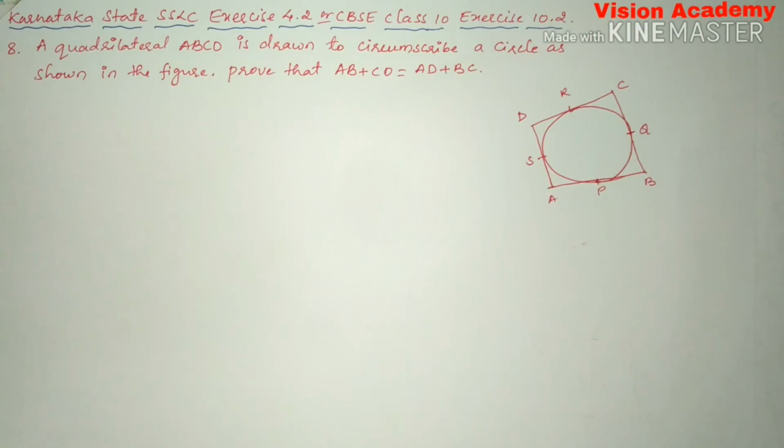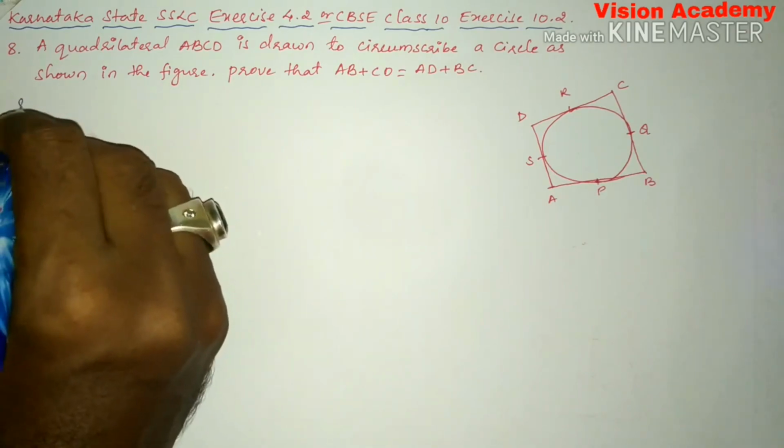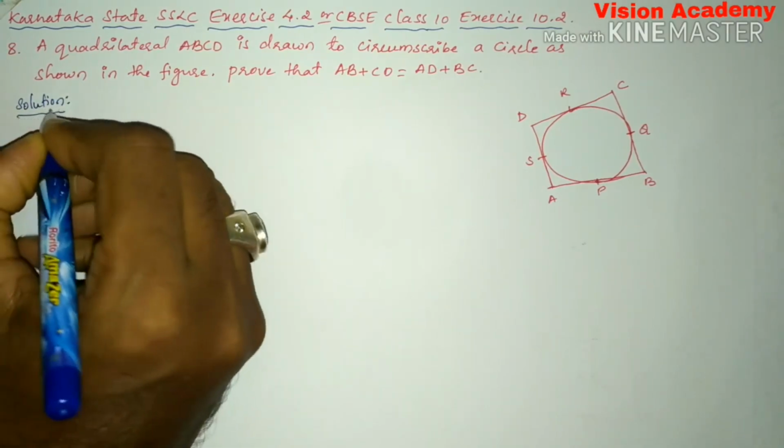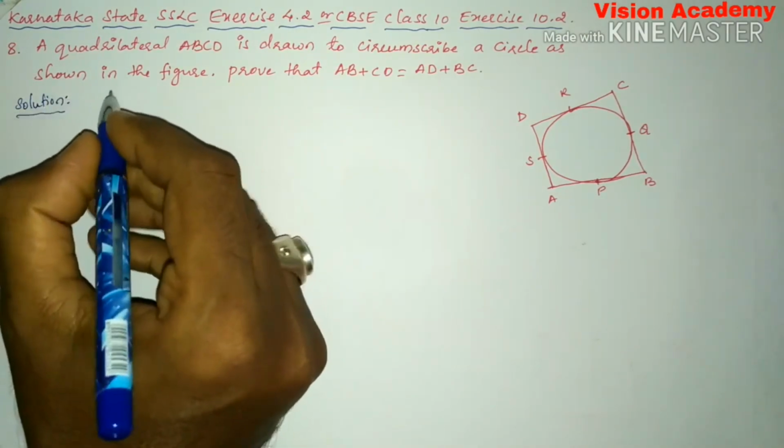Question number 8. A quadrilateral ABCD is drawn to circumscribe a circle as shown in the figure. Prove that AB plus CD is equal to AD plus BC. Now let us find the solution for the given problem, or else we can say proof of this problem.